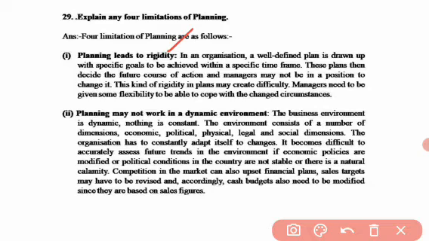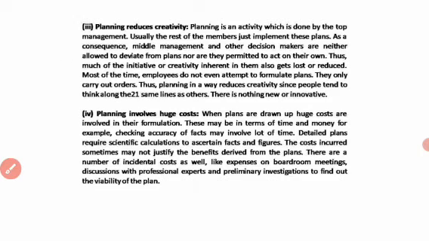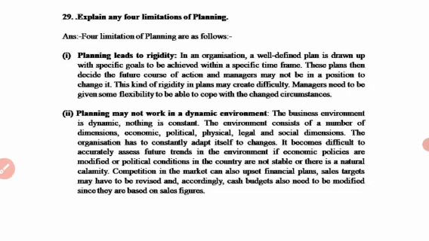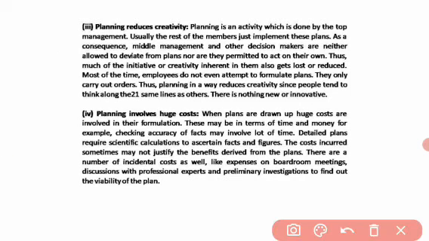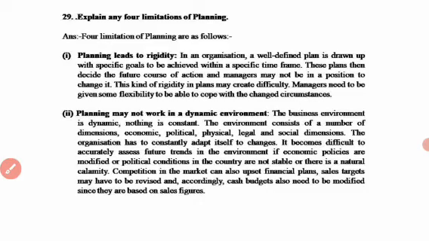Second, planning may not work in a dynamic environment. Third, planning reduces creativity. And fourth, planning involves huge cost. So these are the four limitations of planning. First one, planning leads to rigidity.